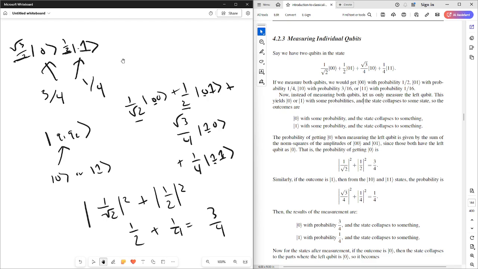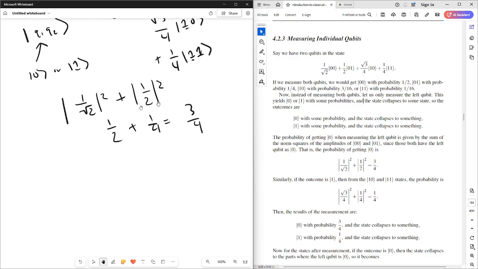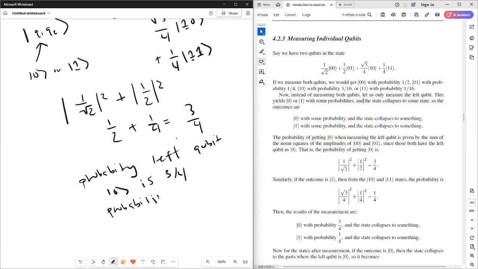And we could literally prove it by doing another norm square, but if we know that the probability of getting left qubit 0 is 3/4, well, we know it has to sum to 1, so the probability of left qubit 1 is therefore 1/4.